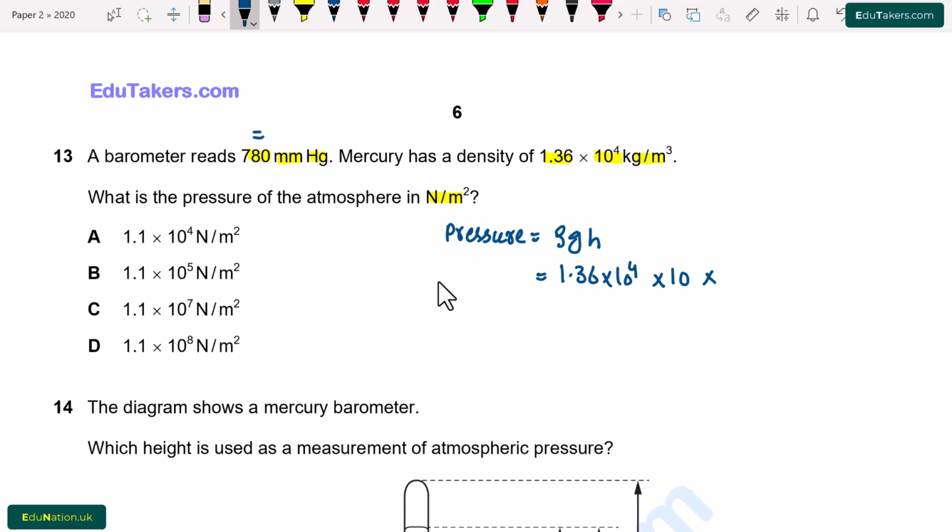And we have to convert this height into meter. So it will be equal to 0.78 meter. I multiply here 0.78. So pressure will be equal to 1.1 into 10 to the power 5 Newton per meter squared. So from here option B is correct.